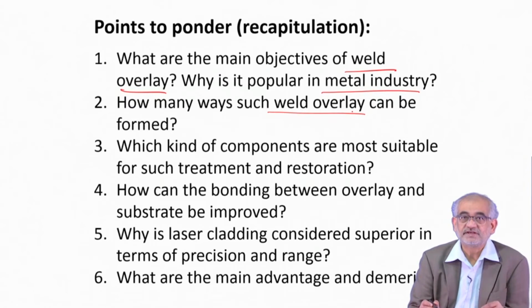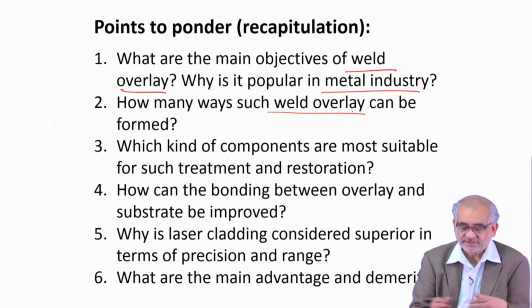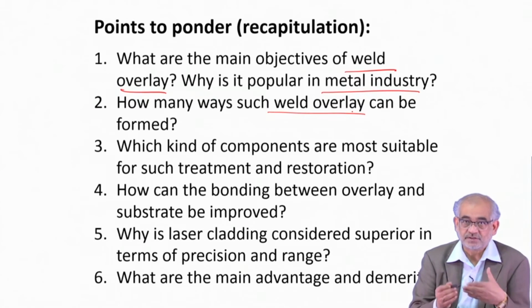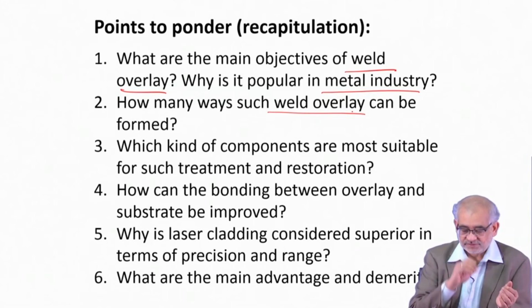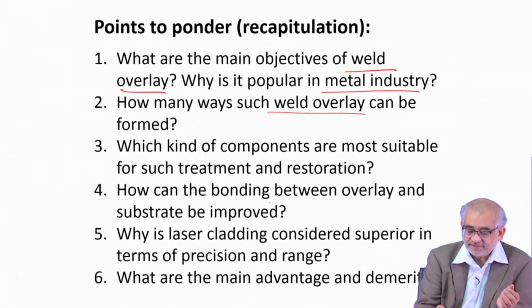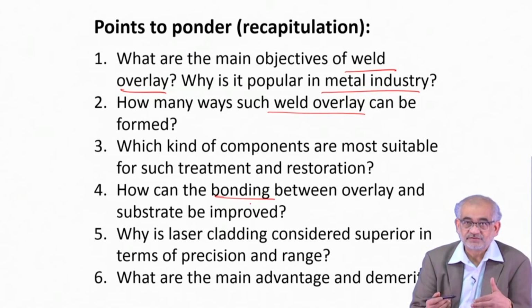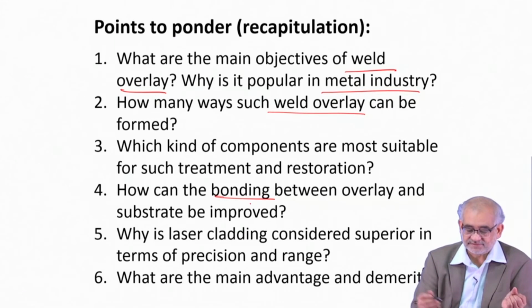So first thing, we can make thicker coating, we can cover wider area, and so this is very, very useful for various manufacturing components, machines and so on. The bonding is usually very good because of the presence of fusion, and because of the possibility of metal-metal bond creation at the molten state.